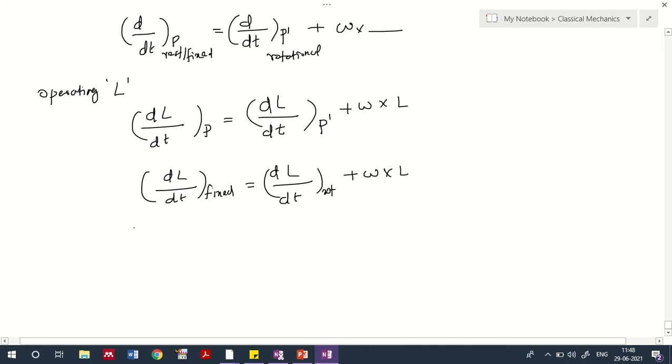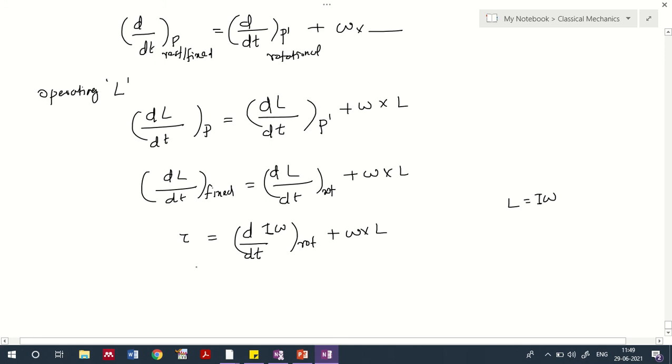We know that dL by dt in the fixed frame is the torque, so we can represent the torque as tau, which is equal to, now I can substitute L. In the last class we saw that L is I omega, where I is the moment of inertia tensor and omega is the angular velocity. So we have d by dt of I omega instead of L, the term in the rotating frame of reference, plus omega cross L.